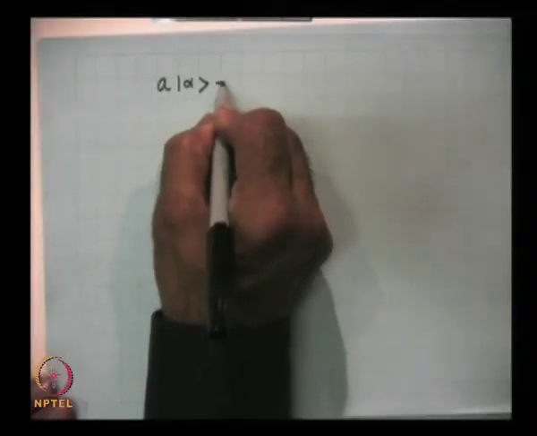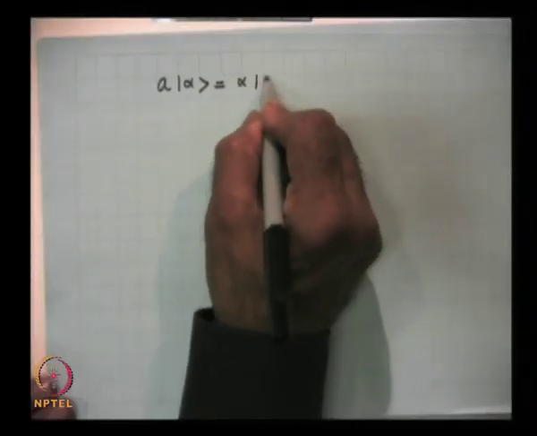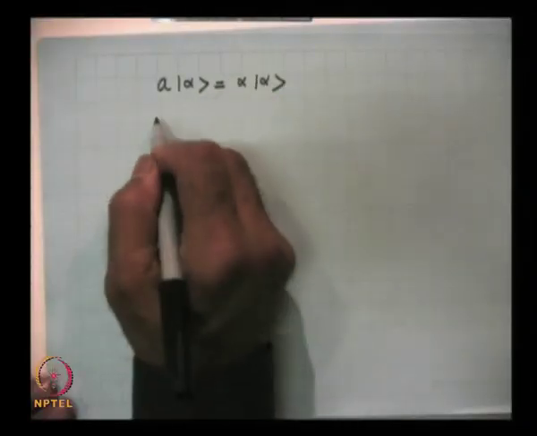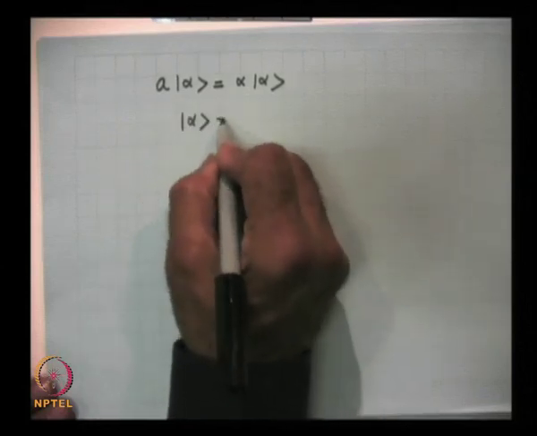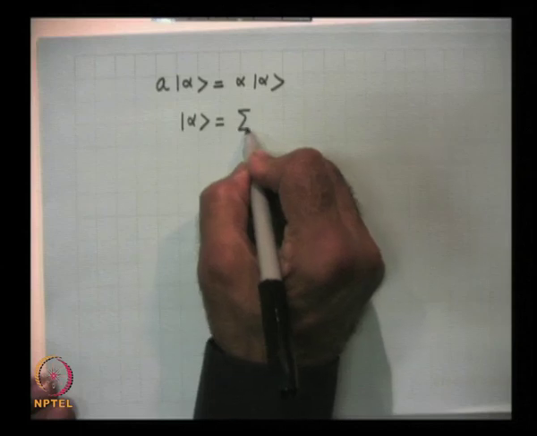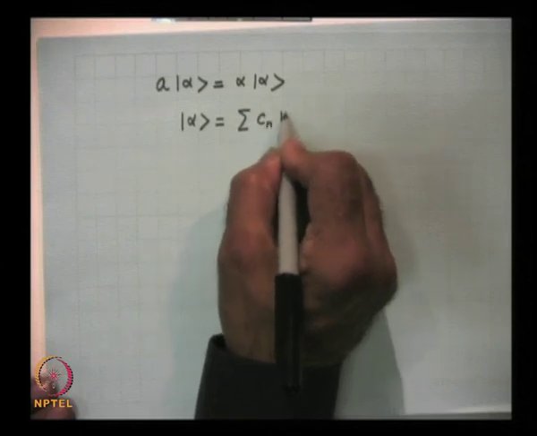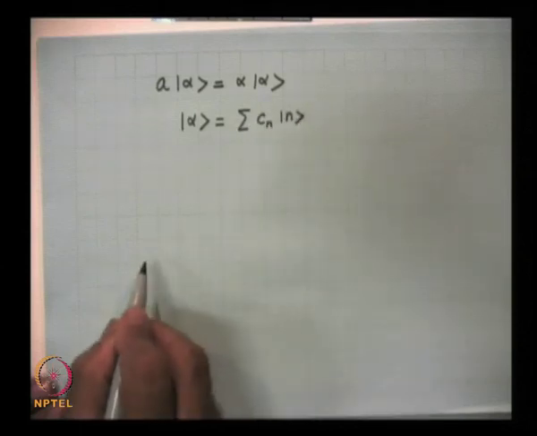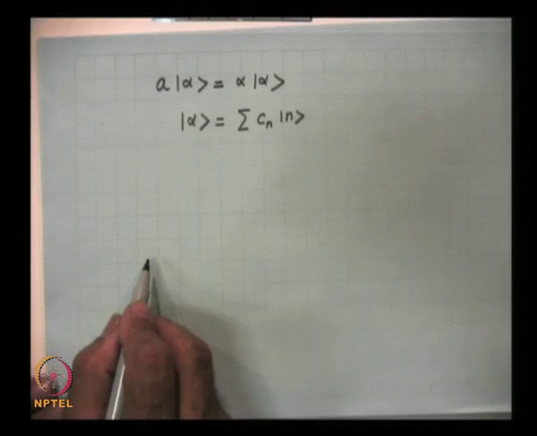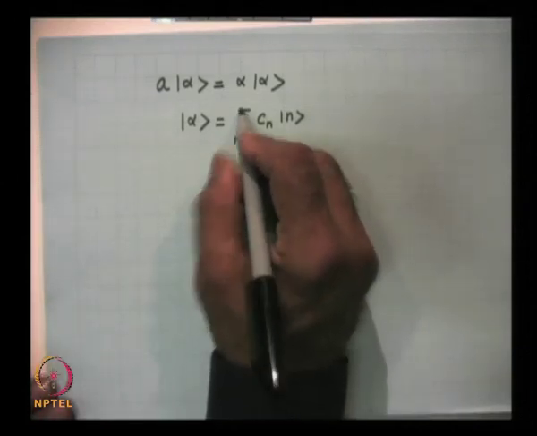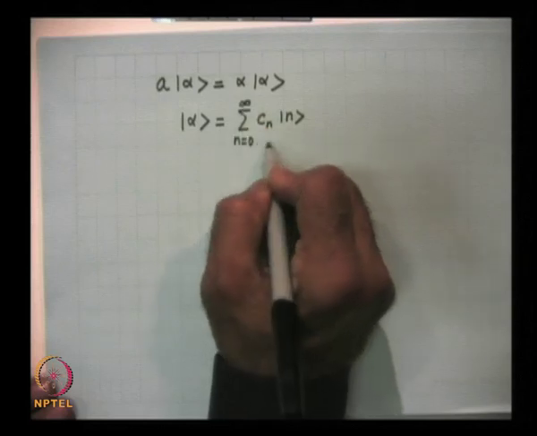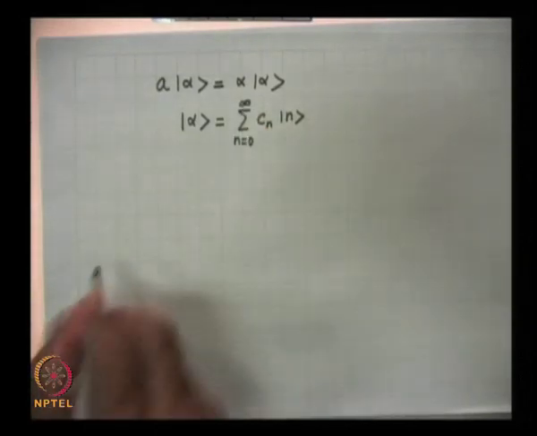So we rewrite this: A ket alpha equals alpha ket alpha. I want to solve this eigenvalue equation, and I write ket alpha as the summation of C n ket n, for n equal to 0 to infinity. Let me do this carefully.